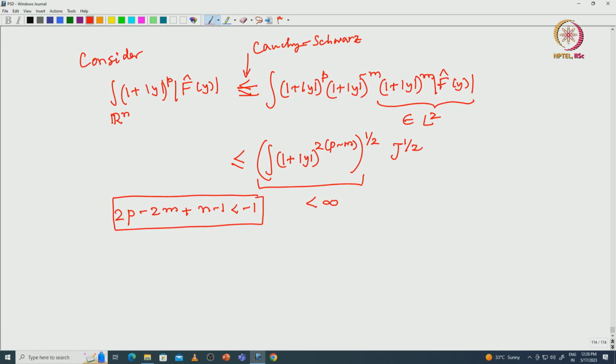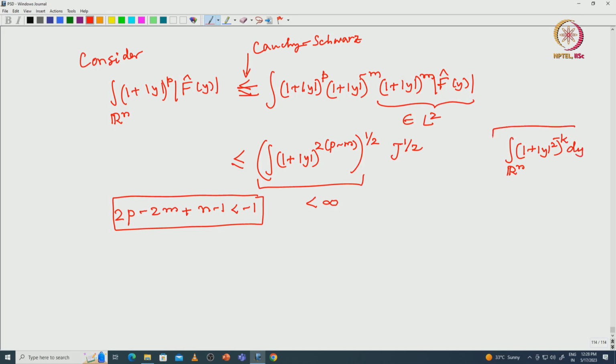You can express this in terms of the gamma function or beta function: the integral of (1 + |y|^2)^{-k}.